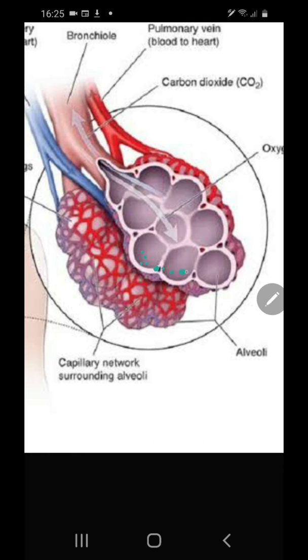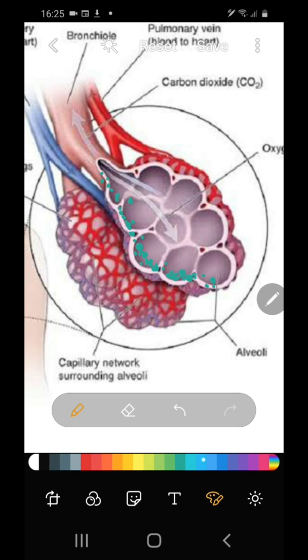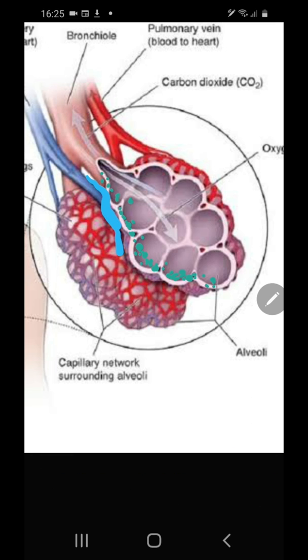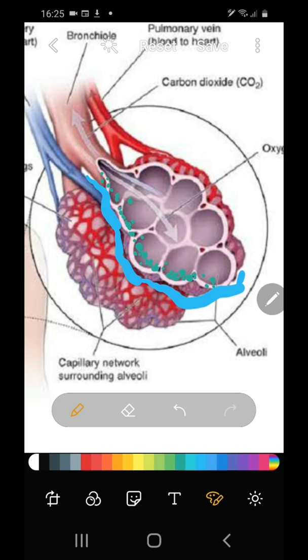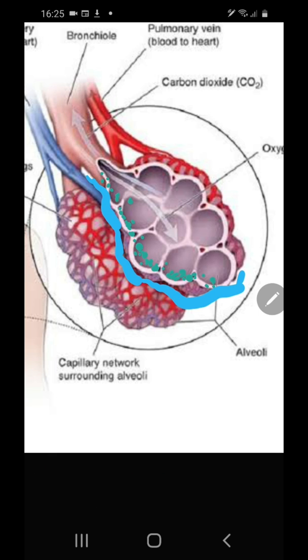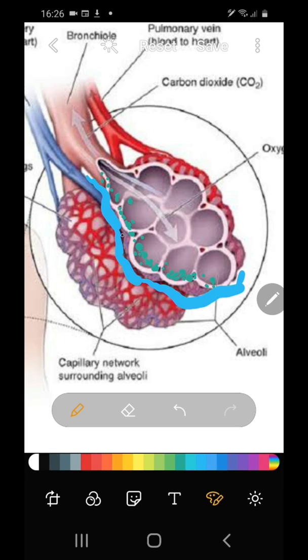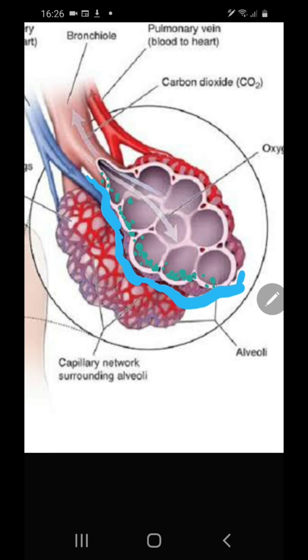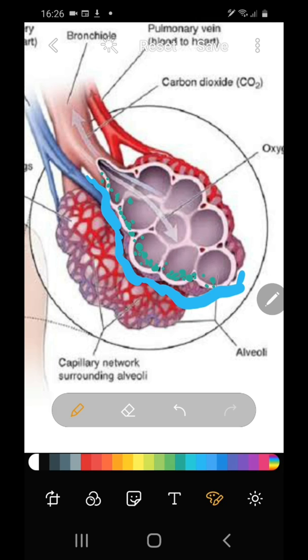By the time the virus infects these cells, they get damaged and the area gets swollen. After the cells get damaged, fluid goes between them and the capillary network of veins, which means the capillary network becomes detached from the surface of the alveoli, and this interrupts the exchange of oxygen and carbon dioxide.